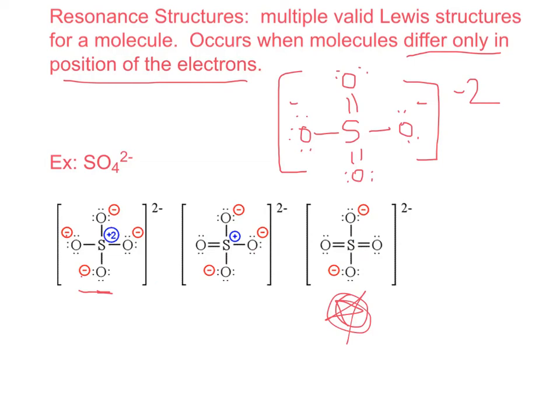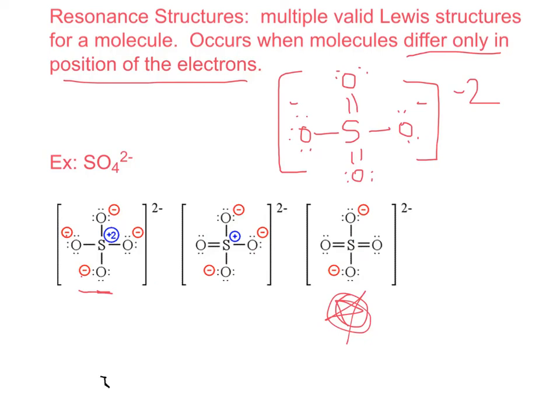So basically, is it this one or is it this one? And the answer seems to be that it's both. That's a stable arrangement, so it's likely to be in either one of those arrangements.